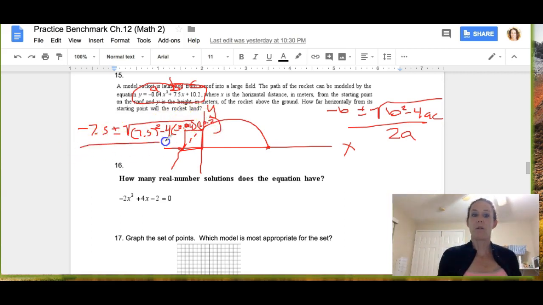All right, all over 2 times a, which is negative 0.04. And I said 0.4.